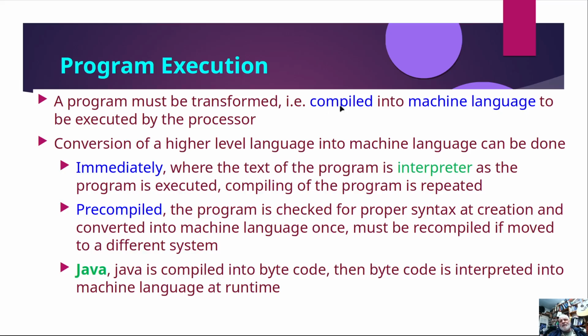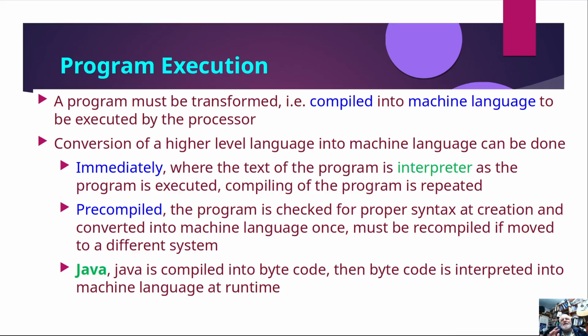If you compile the code, you're using some text language to make one of these higher level languages. But these higher level languages cannot be executed by a computer. Computers can only handle the ones and zeros. So if we compile it, we convert it all into these ones and zeros and check it for any errors, and then we can run it whenever we want.